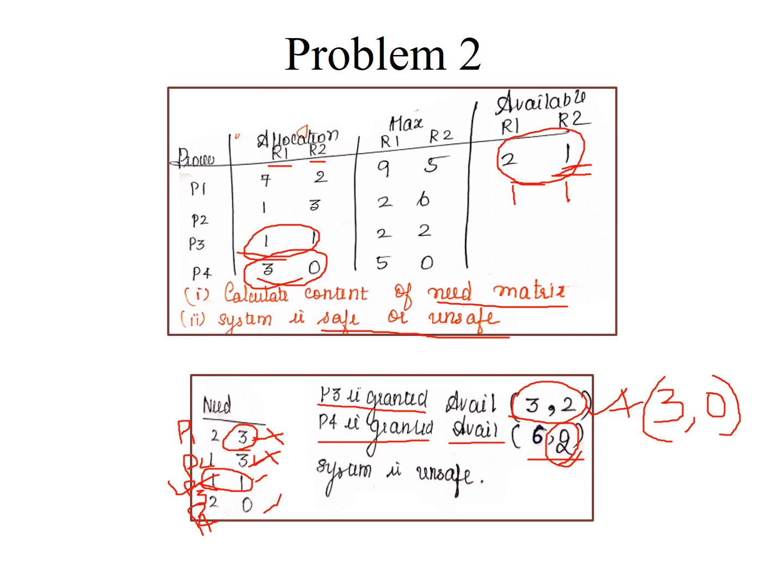Again P2 is also in need of 1 comma 3 where we have 6 comma 2. So R2 instances we have only 2, where P1 and P2 are in need of 3 instances. So however many times we check those processes, they cannot be granted, their tasks can't be done. So we can conclude that the system is in an unsafe state.